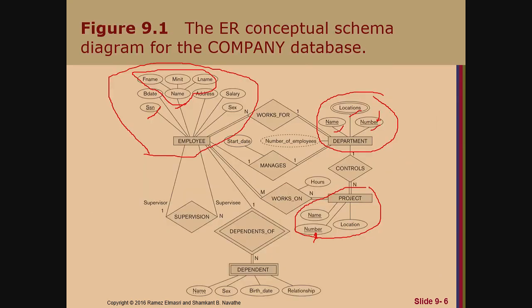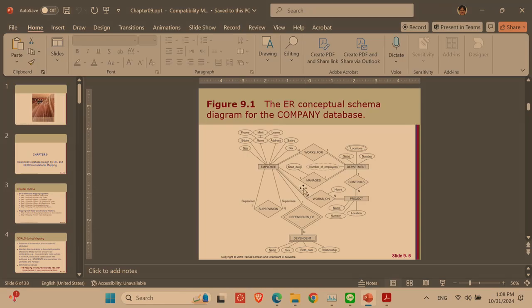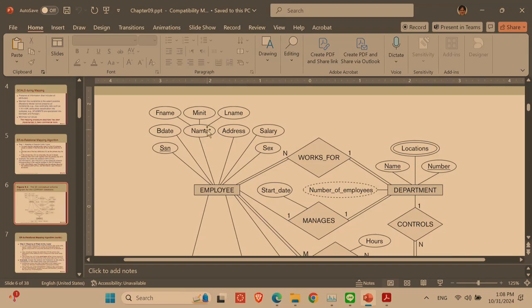But okay, let's see what happens for each of them. We're talking about the name, which is composite, right? Now this appears as just the details of the composite attribute. So we just add first name, middle name, and last name in the table, not including the name itself. As you can see, we have name, right? But for the columns in the relation, we use just the details of them.